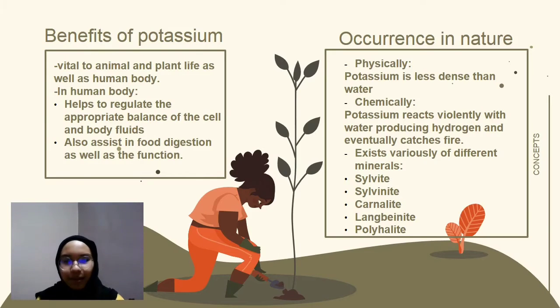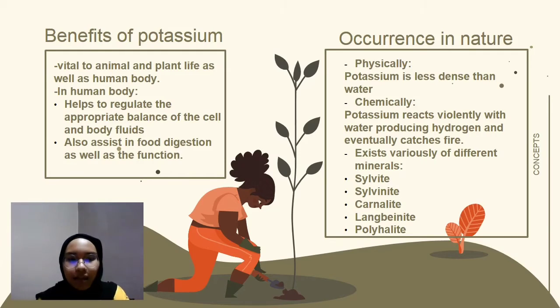So for this slide, we're going to talk about the benefits of potassium and its occurrence in nature. Firstly, as we know, potassium is very important to animal and plant life as well as the human body. It is because in the human body, potassium really helps to regulate the appropriate balance of the cell and body fluids.